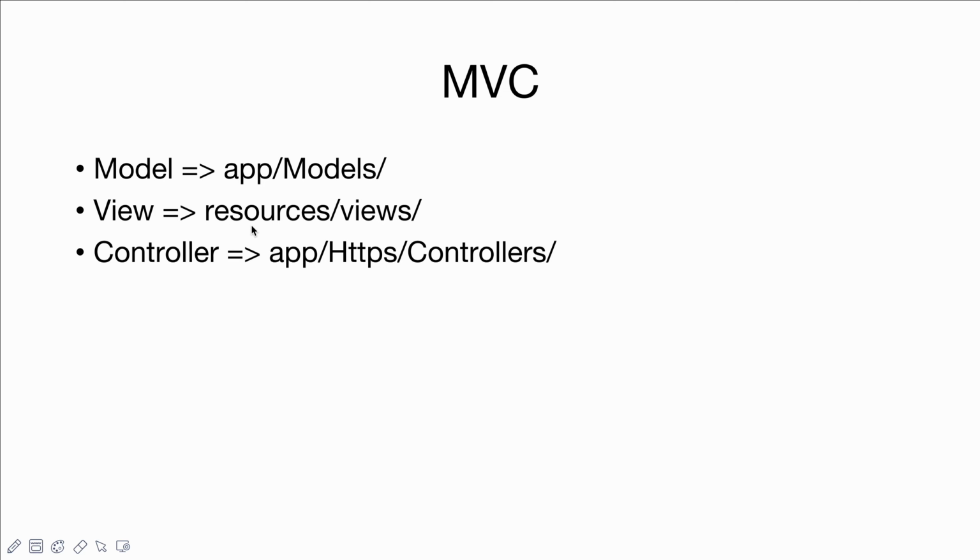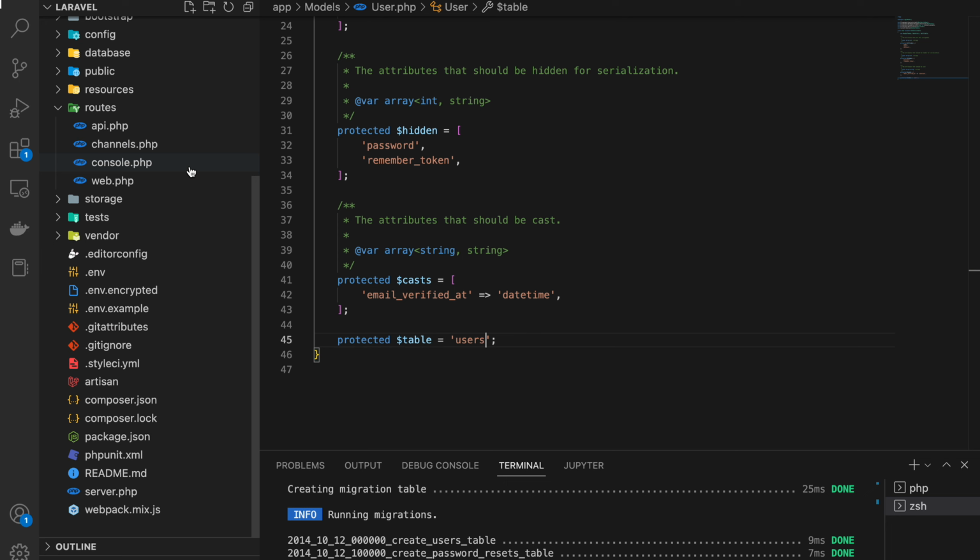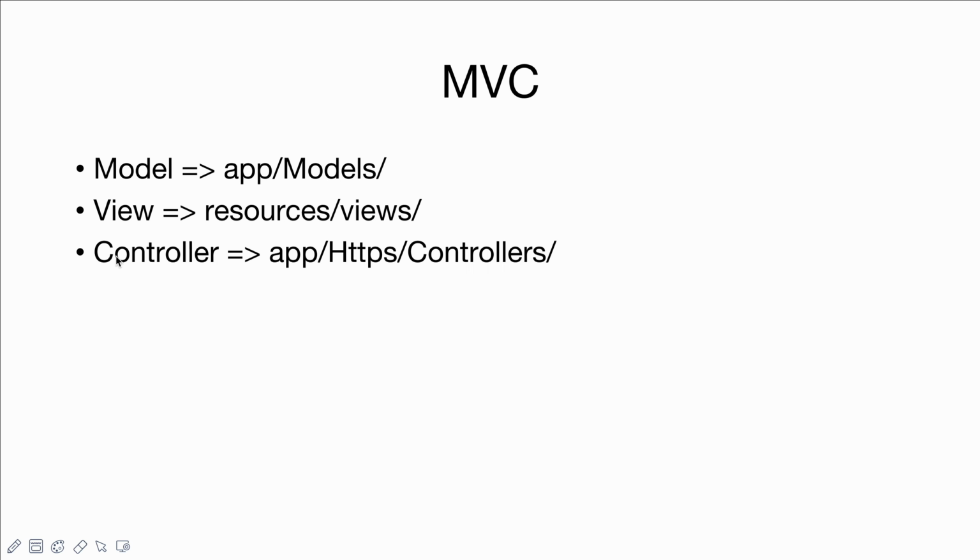Before I end this video: the model is about the database, the view is about what the end user sees. In this case, you're using Laravel with the Blade template, and the controller is about the logic of how you present that data to the view.